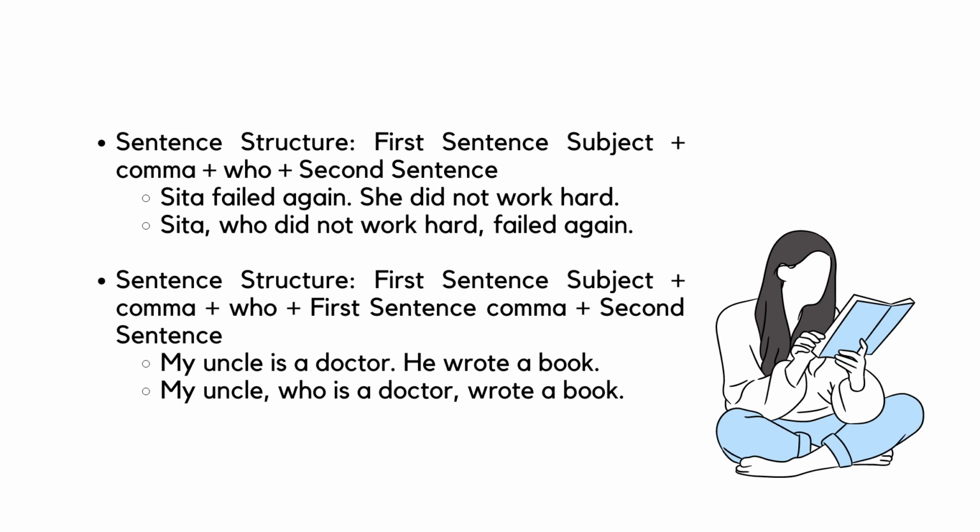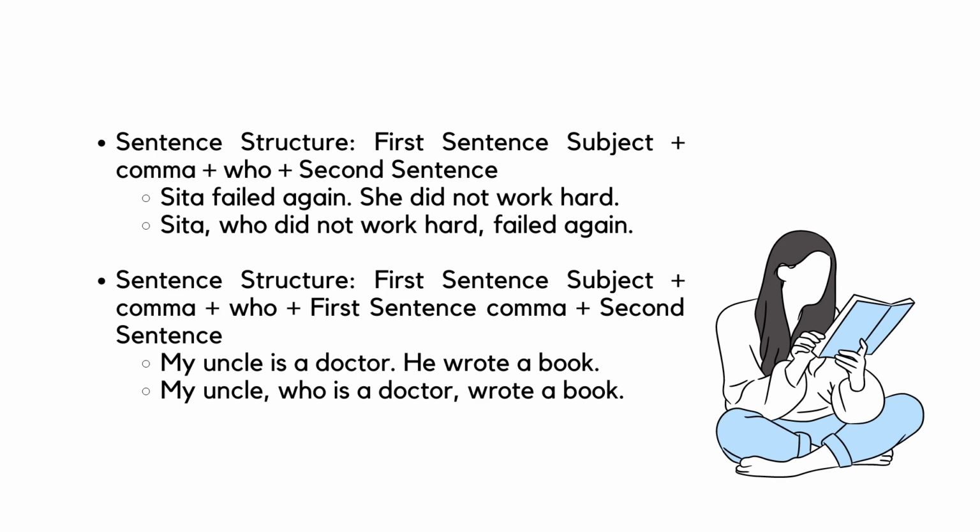The last sentence structure for using who as a connector is first sentence subject plus comma, later who, and then first sentence followed by comma and then second sentence. Taking an example, my uncle is a doctor. He wrote a book. By following the format, the sentence can be written as my uncle, who is a doctor, wrote a book.